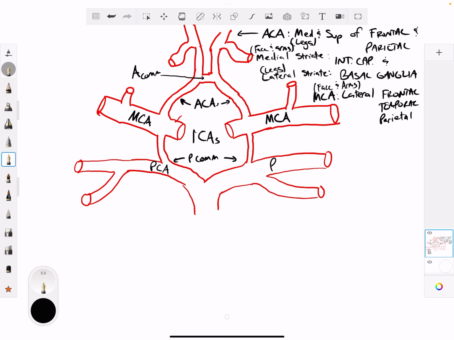Posterior cerebral arteries, deep division being the thalamo-geniculate. This serves the thalamus, the STN, and optic radiations that connect the lateral geniculate nucleus to the primary visual cortex.